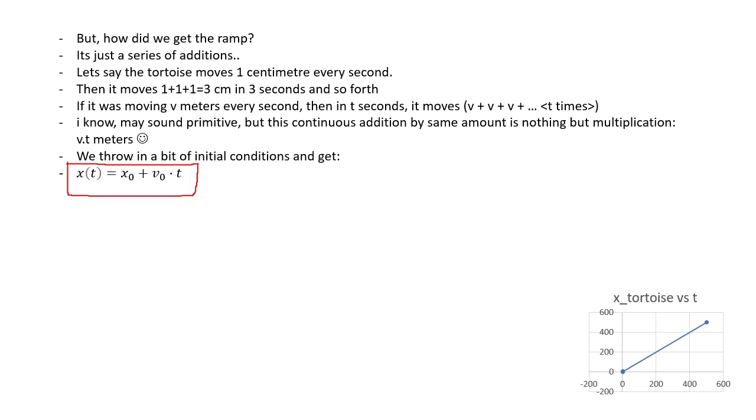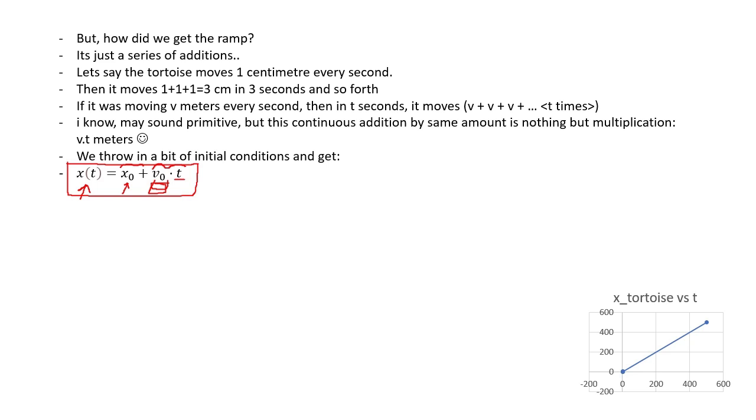So if we had a tortoise which was moving at a steady speed of v naught meters every second, and then when we spotted it first, it was like x naught meters away from, let's say, the couch or some other reference point, then the tortoise position from the couch at any arbitrary amount of time, given that it never gets tired, and if it's always moving with this velocity of v naught, then we could have it by adding up the initial position together with the amount of meters it moved in t seconds, which is v naught meters in every second, and it has moved t seconds.